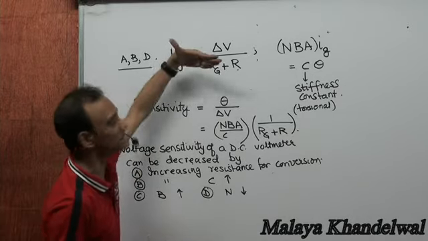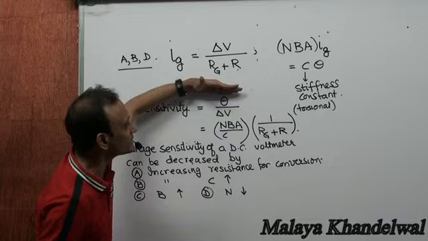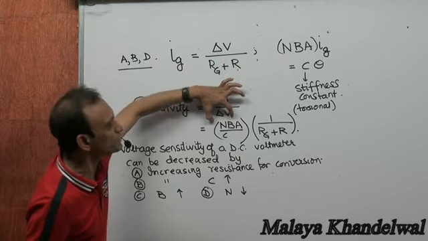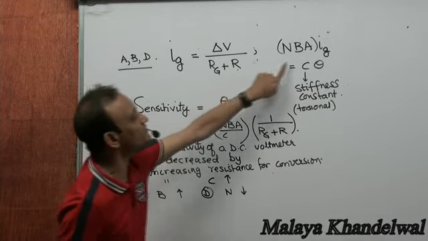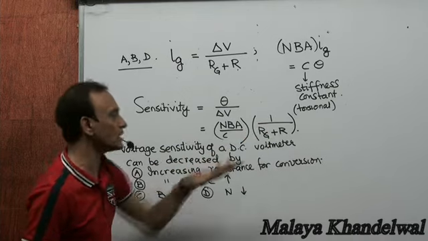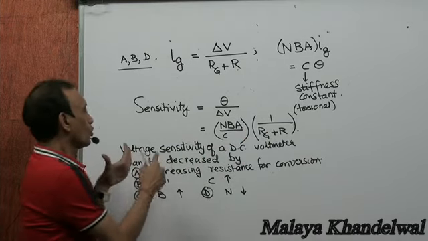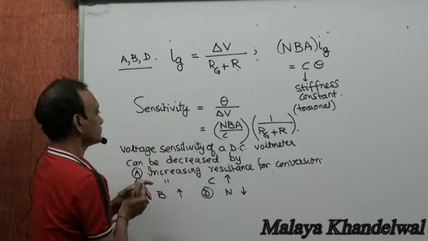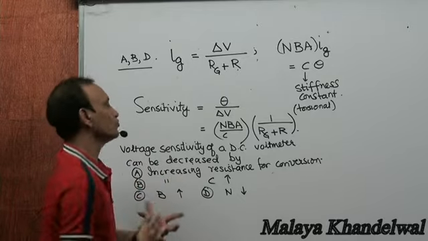Now, sensitivity is defined as theta, the deflection of the needle, per unit volt measured. Now, theta by delta V from these two, you would get as NBA by C, 1 by Rg plus R. This then is the voltage sensitivity of a voltmeter, a galvanometer converted into a voltmeter.